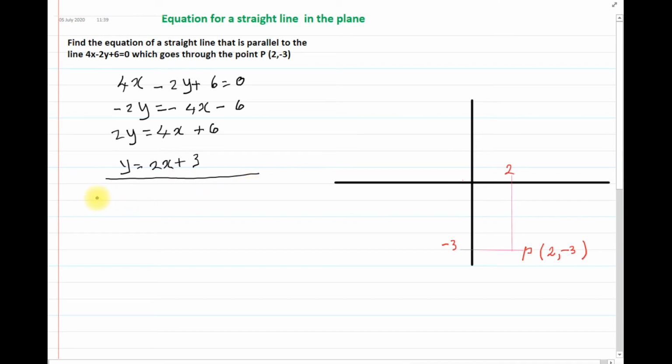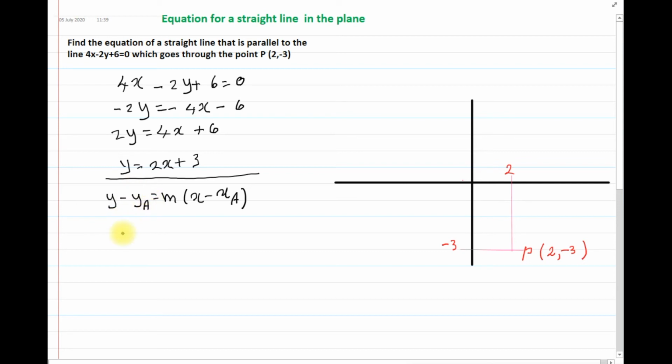So the equation would be y minus, I think I'd better refresh our memory for the formula. The formula is y minus ya is equal to m times x minus xa, where a is some point the coordinates of which we have.